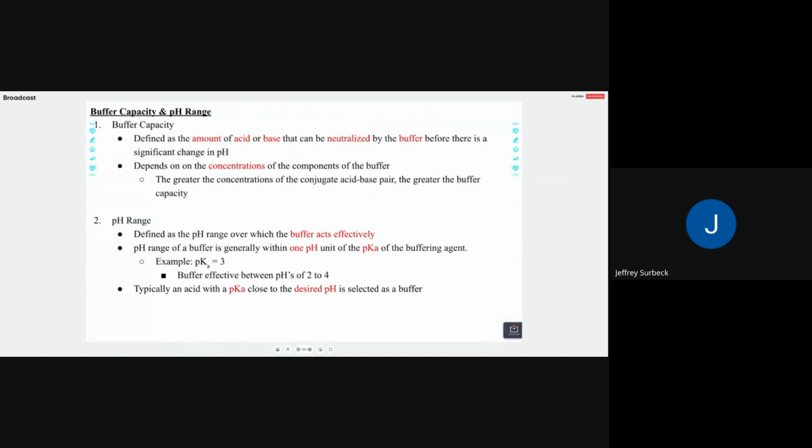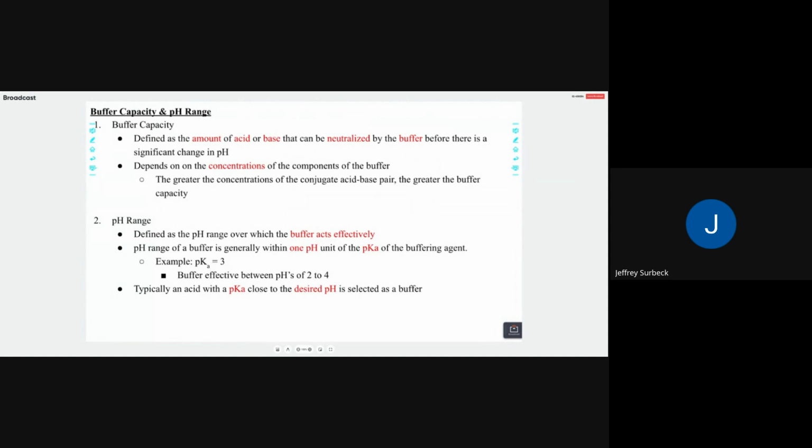So for example, our last problem with ammonia had a pKa of 9.25, and so the ideal pH range of a buffer that uses ammonia and ammonium, the item we just saw, would be between 8.25 and 10.25, right? Plus or minus 1 off of the pKa. Any more than that is going to start to affect the pH a lot more and not make the buffer as effective.